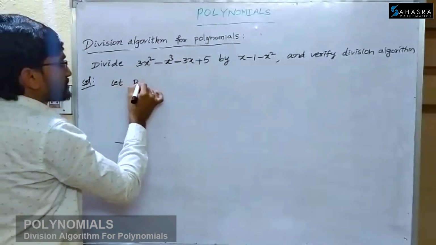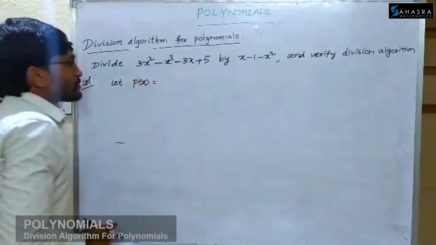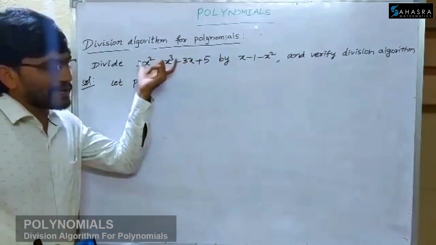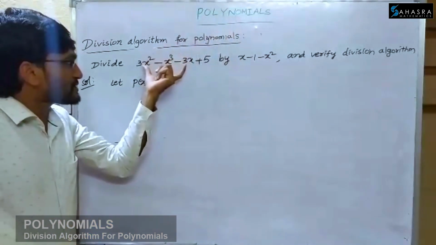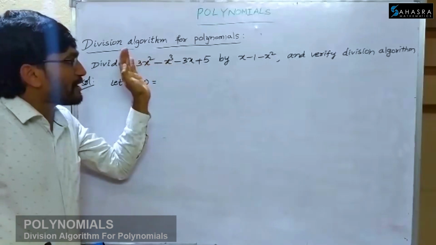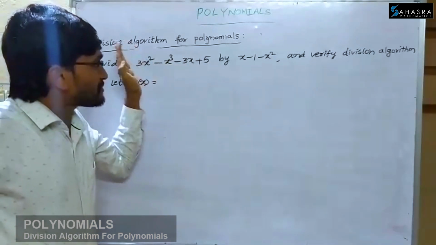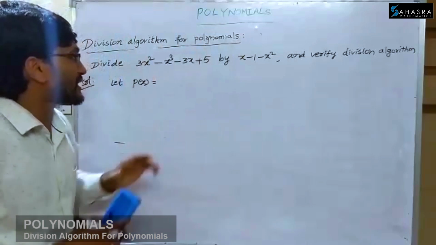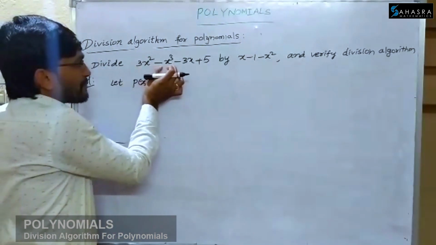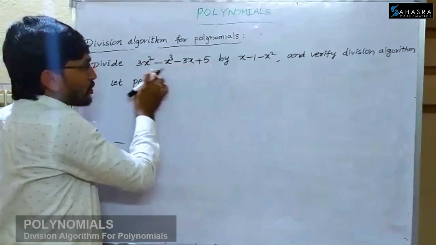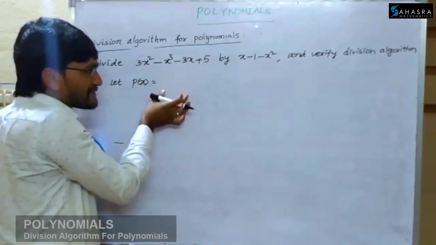Let p of x is equal to. If they have given any polynomial, compulsorily you have to write that polynomial with the powers in descending order. So 3x square minus x cube minus 3x plus 5 is not in standard form. You have to write that in standard form.